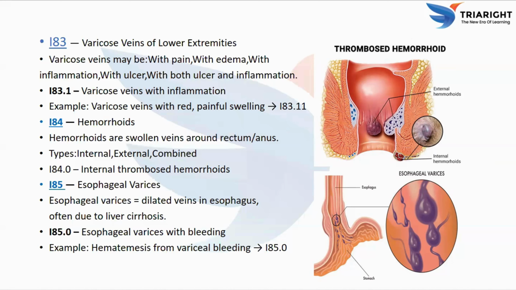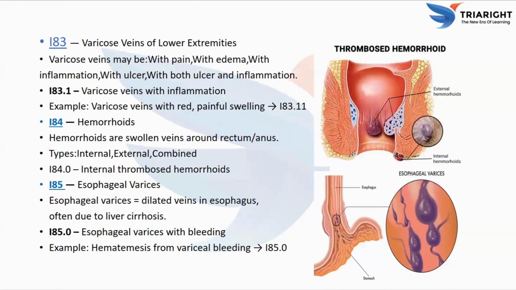What does the I-83 code describe? Varicose veins of the lower extremities. Varicose veins are swollen, twisted veins in the legs due to weak walls. They may present with pain, edema, inflammation, ulcer, and ulcer with inflammation.